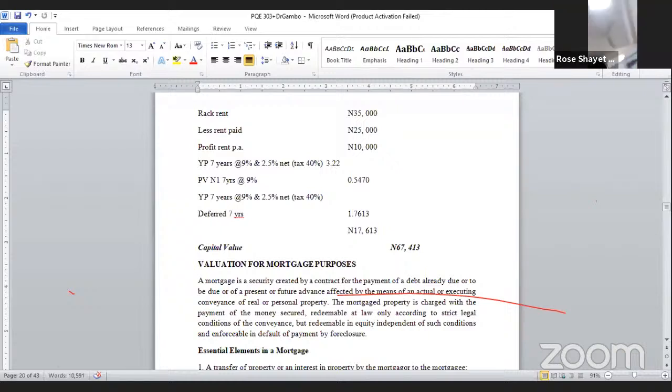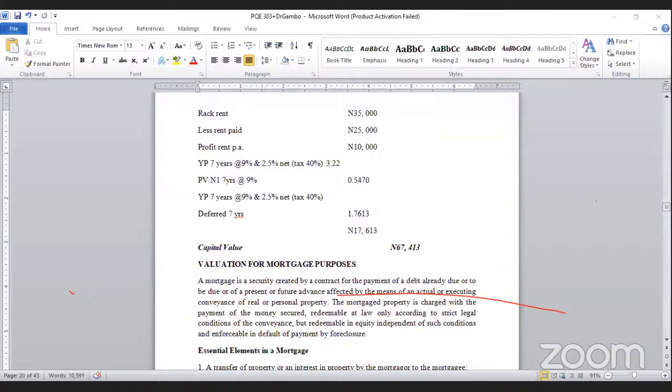Excuse me, sir. Yes, ma'am. Please, sir, this last calculation that we just did now, I don't understand it. What is it you don't understand? That of the sublease. Can you just review it, at least a recap of it?